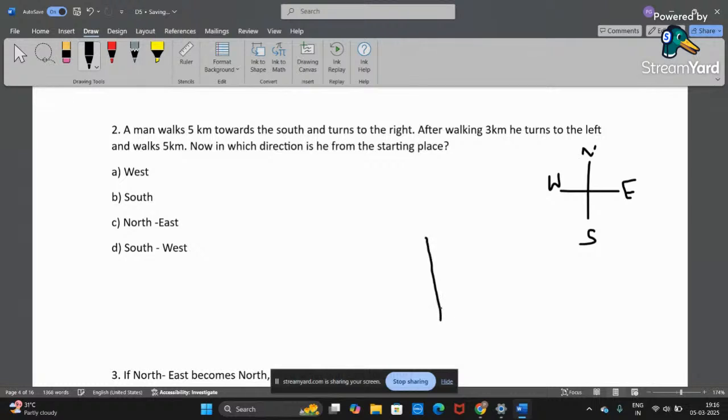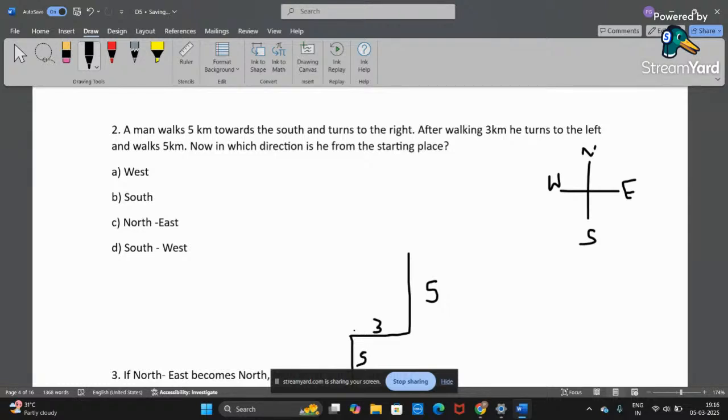South means this is the direction. 5 kilometers. After walking, he turns right and walks 3 kilometers. After walking, he turns left and walks another 5 kilometer.